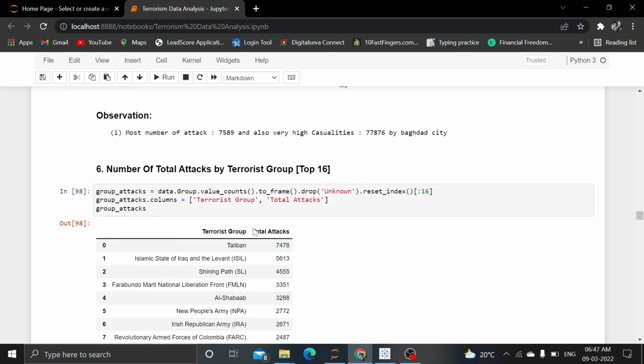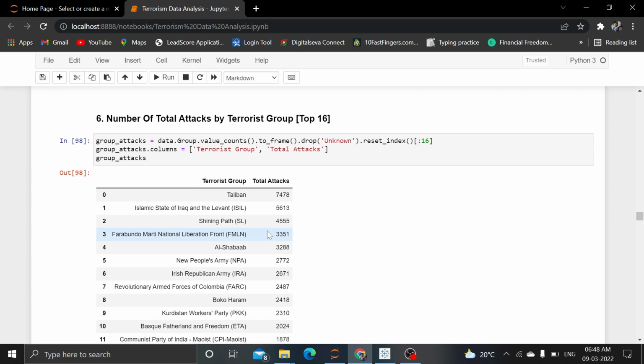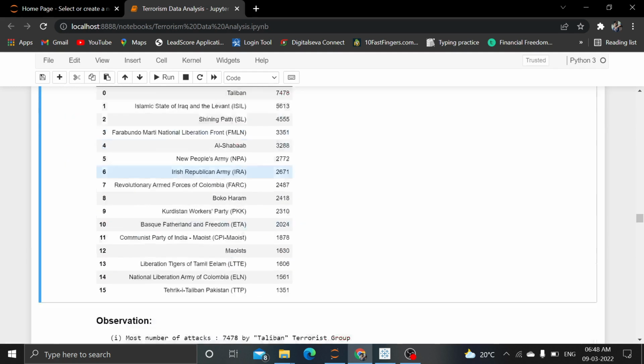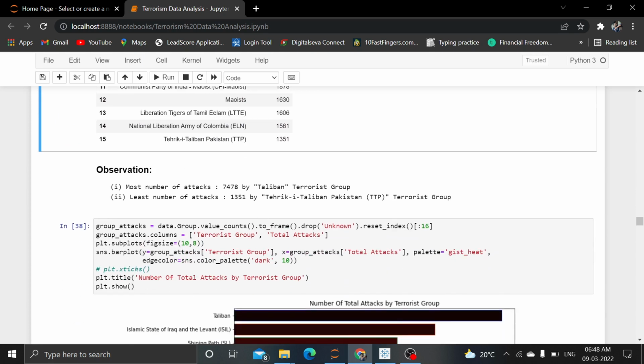This graph shows how many times each terrorist group attacked. This is the table visualization form. You can see that the Taliban attacked 7478 times, followed by ISIL with 5618, and Shining Path with 4555.